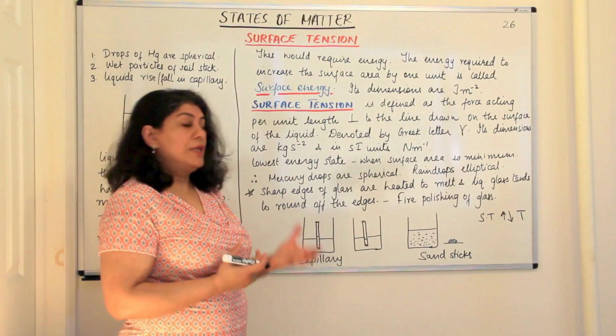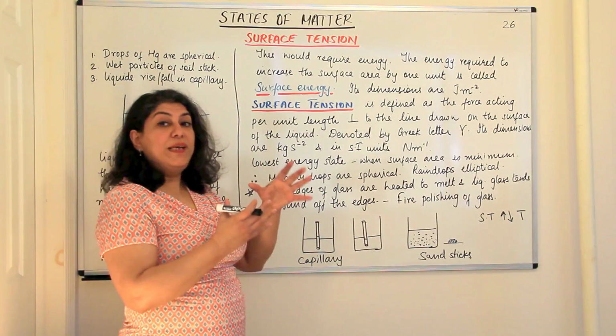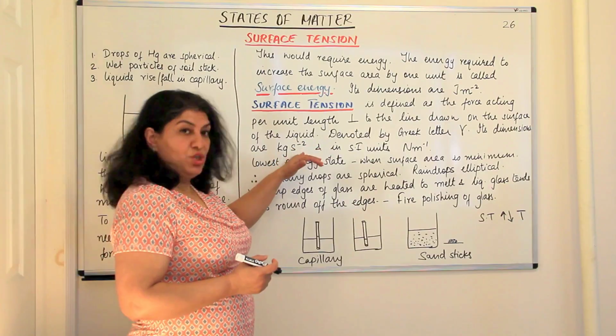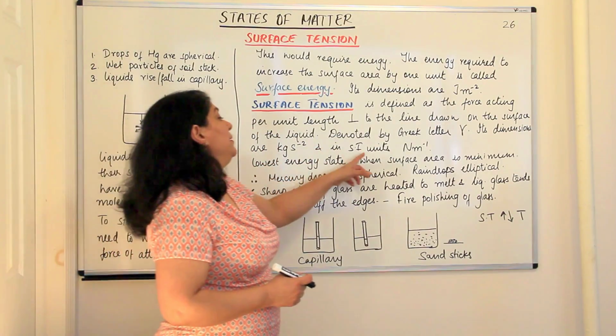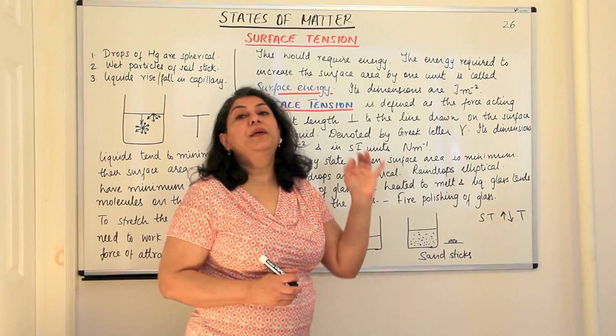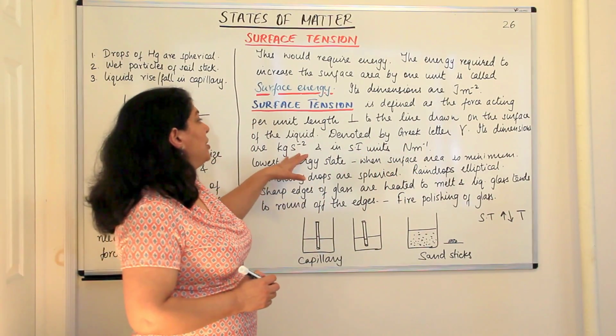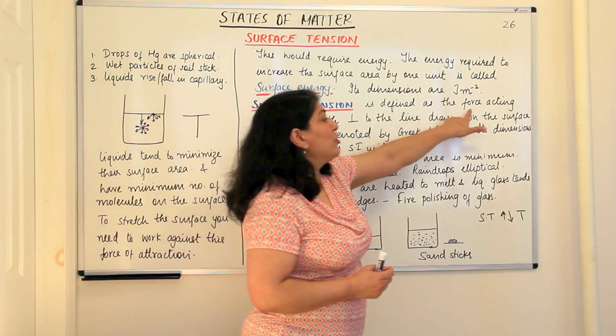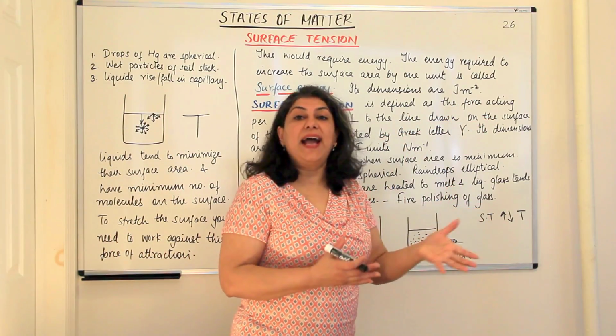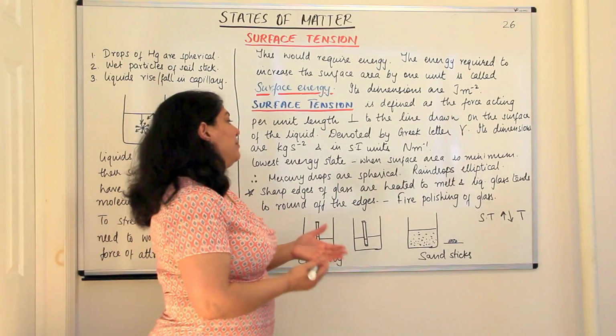If you measured it, what would be its dimensions? It would be kgs per second square, or if you are taking the SI units, then it would be reported in newtons per meter, because surface tension would have the unit of force, because it is a force which is acting downwards for the molecules on the surface.